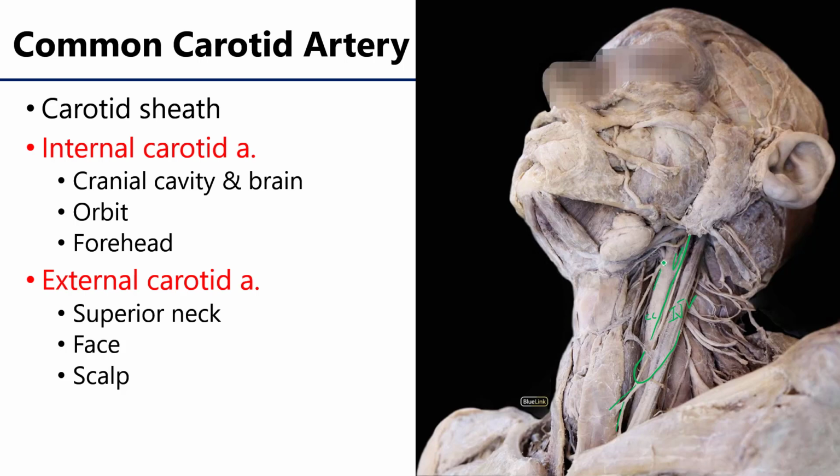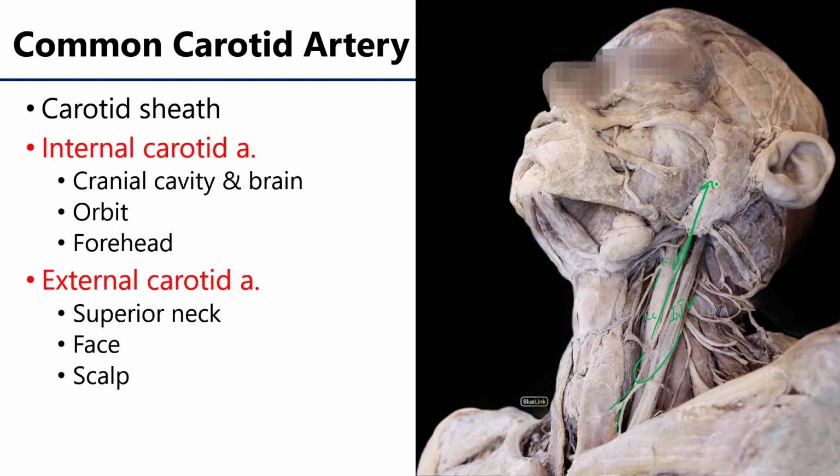So the external carotid artery takes more of an anterior position, and the internal carotid artery takes more of a posterior position, and that's going to ascend into the cranial cavity. It will have branches that leave the cranial cavity to serve portions of the face and scalp, but we'll discuss the granular details of that in a subsequent session.